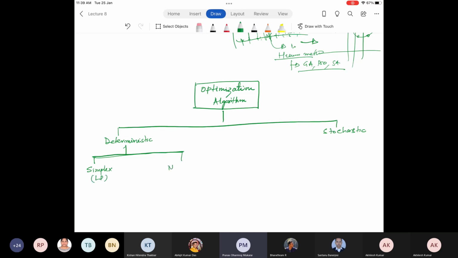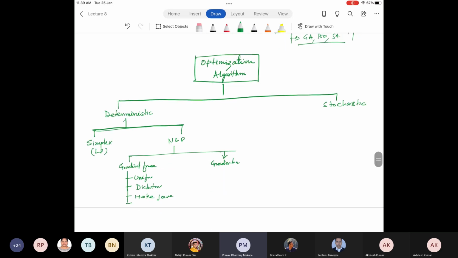If I go to non-linear programming, I have gradient free and gradient based. In gradient free, we have uniform search, dichotomous search. We will also see Hooke and Jeeves for multidimensional. And as I said, the most basic one is hill climbing.